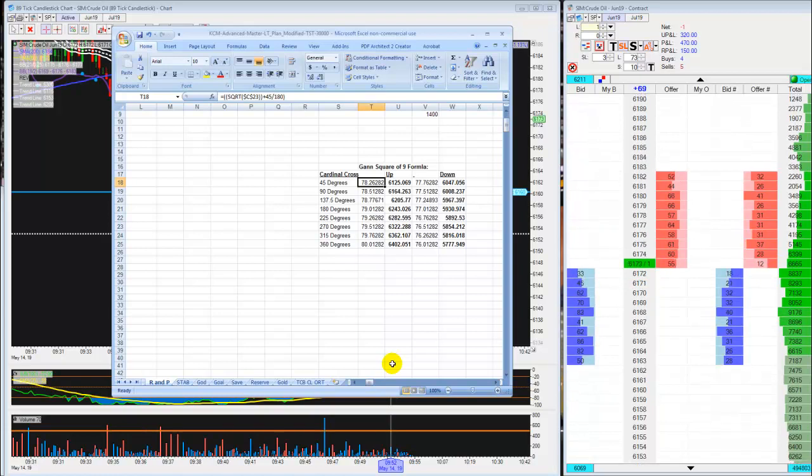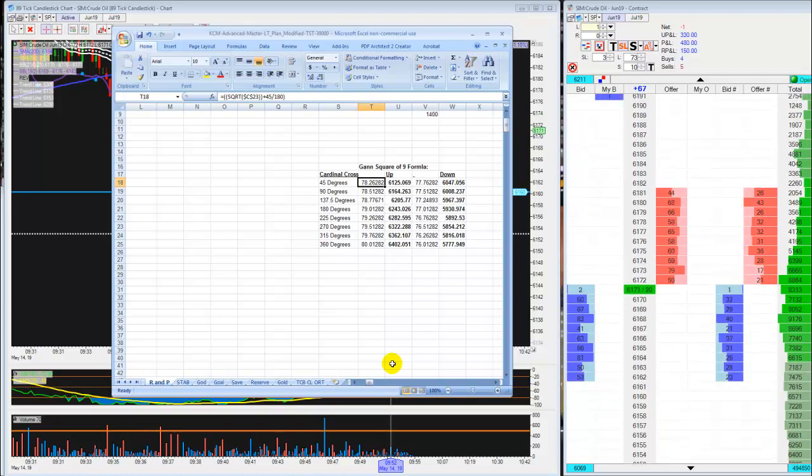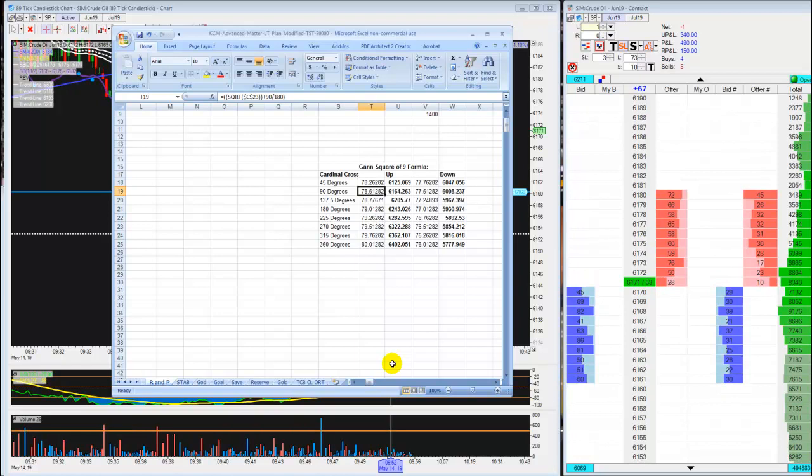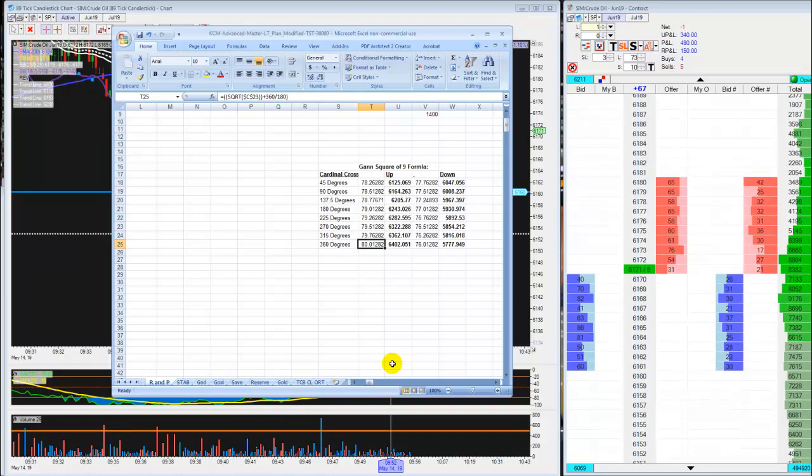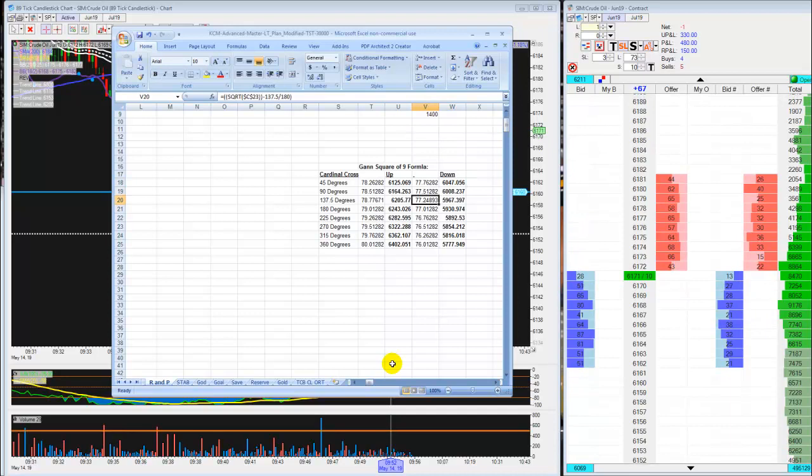Square root C23, and then up and down square root.